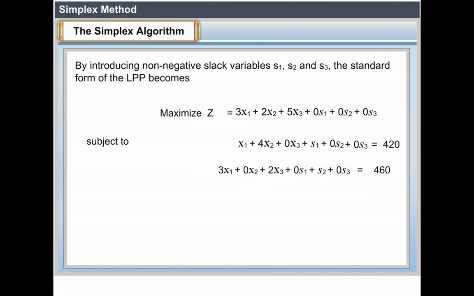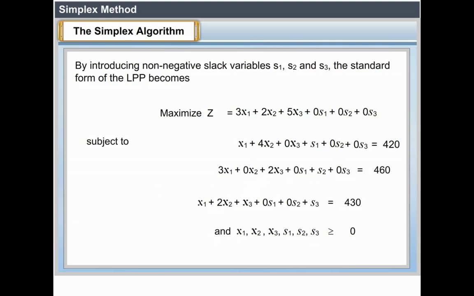Second equation, 3x1 plus 0x2 plus 2x3 plus 0s1 plus s2 plus 0s3 equal to 460. Third equation, x1 plus 2x2 plus x3 plus 0s1 plus 0s2 plus s3 equal to 430, and x1, x2, x3, s1, s2, s3 greater than or equal to 0.